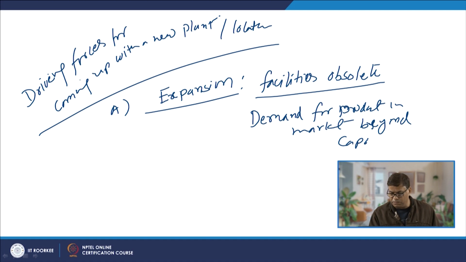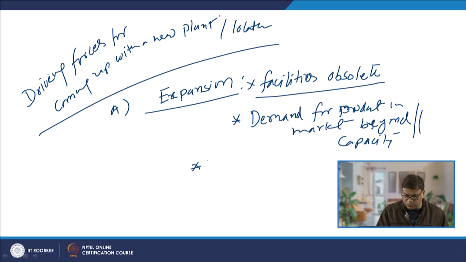So, it is important to come up with the newer plant at the different location. So, obsolete facility or the demand for the product has gone beyond its capacity.